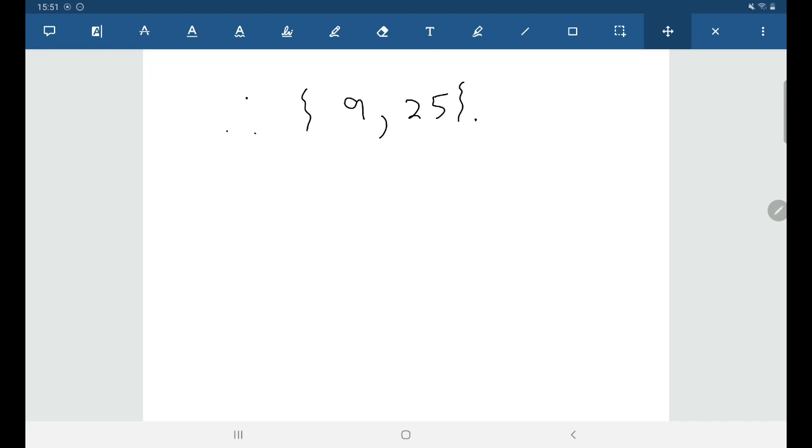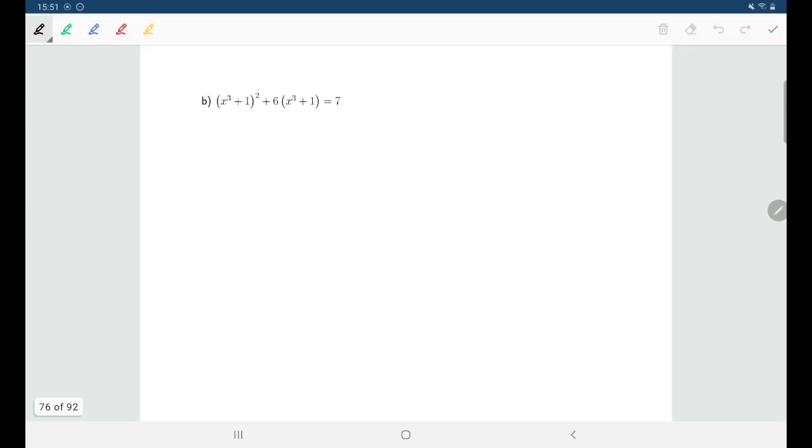Okay, next one. Here, this is something again where it's quadratic in form in that we've got a constant term, we've got something, and that same something is being squared. So if I were to replace the something, if I were to replace x cubed plus 1 with u, then that would mean x cubed plus 1 squared would be replaced with u squared.